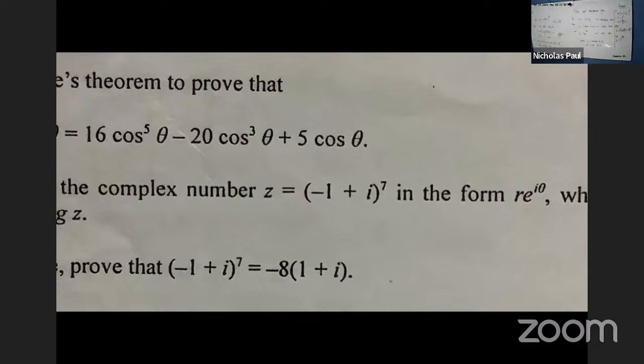Yeah, we can write it, going right from this side, so you'll get i plus.